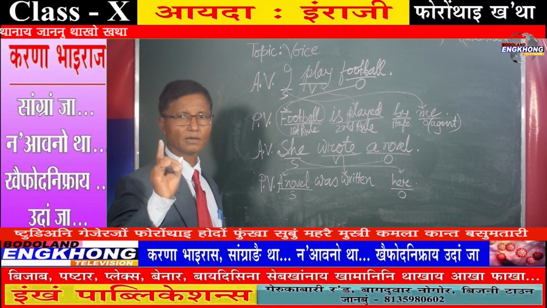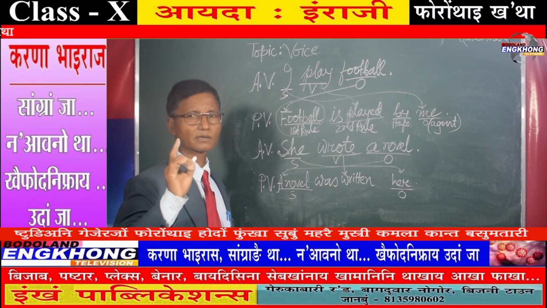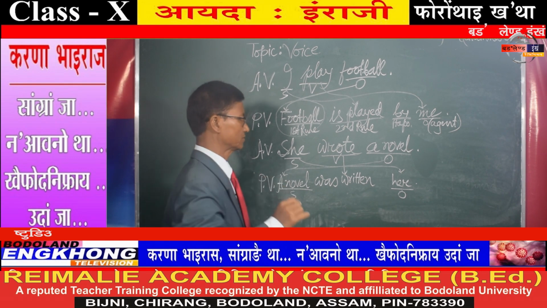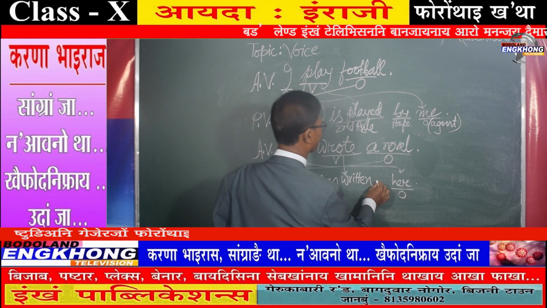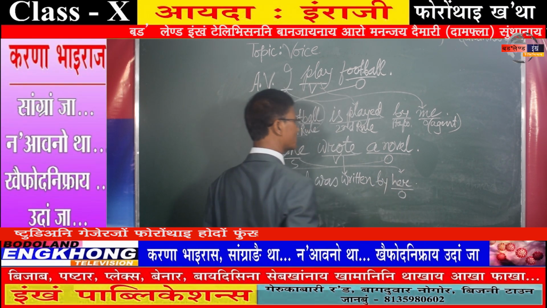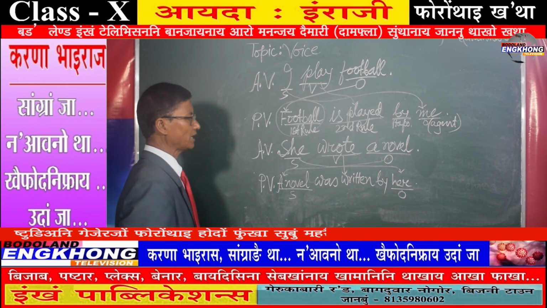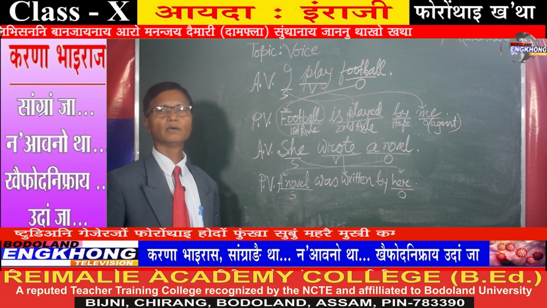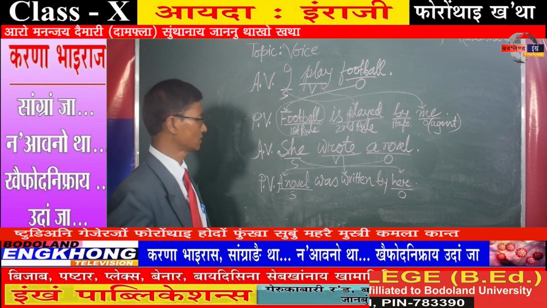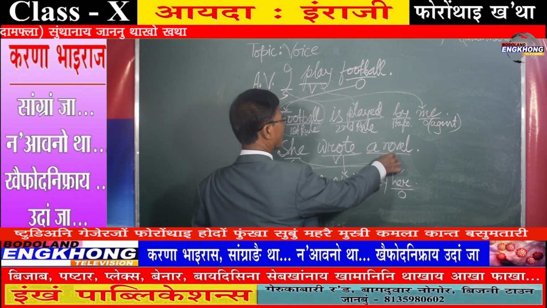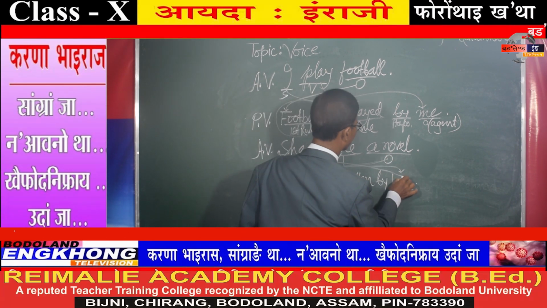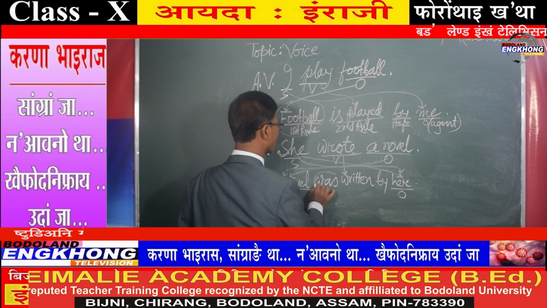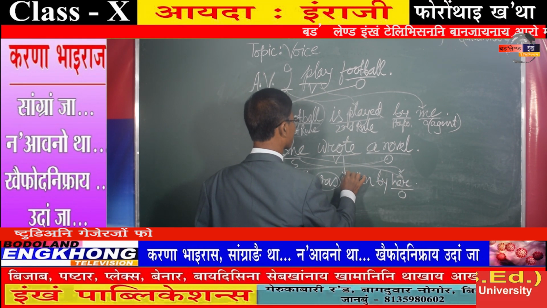An appropriate preposition. Right? Here also the "by" preposition, mostly "by". Okay? A novel was written by her. So, object to subject, subject to object, then be verb, then the main verb in past participle.